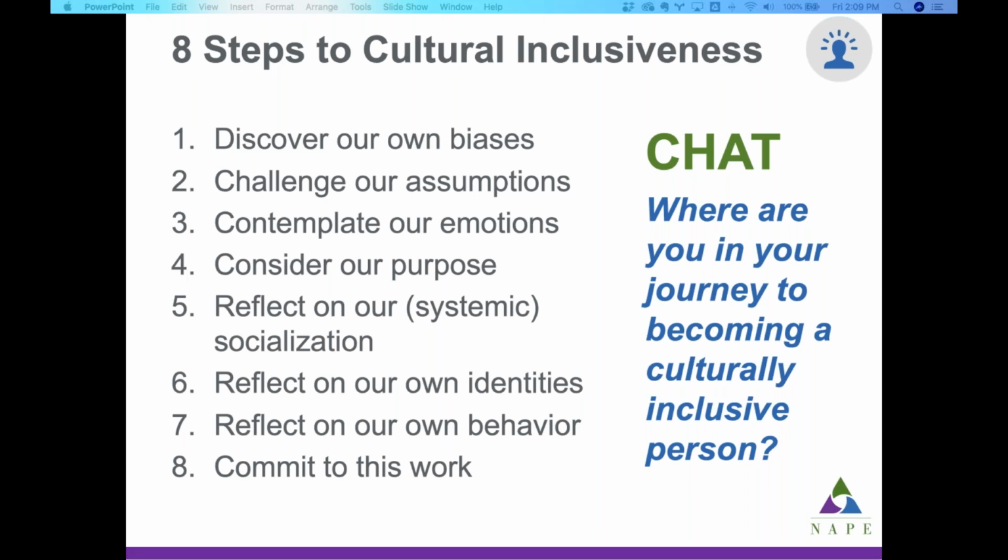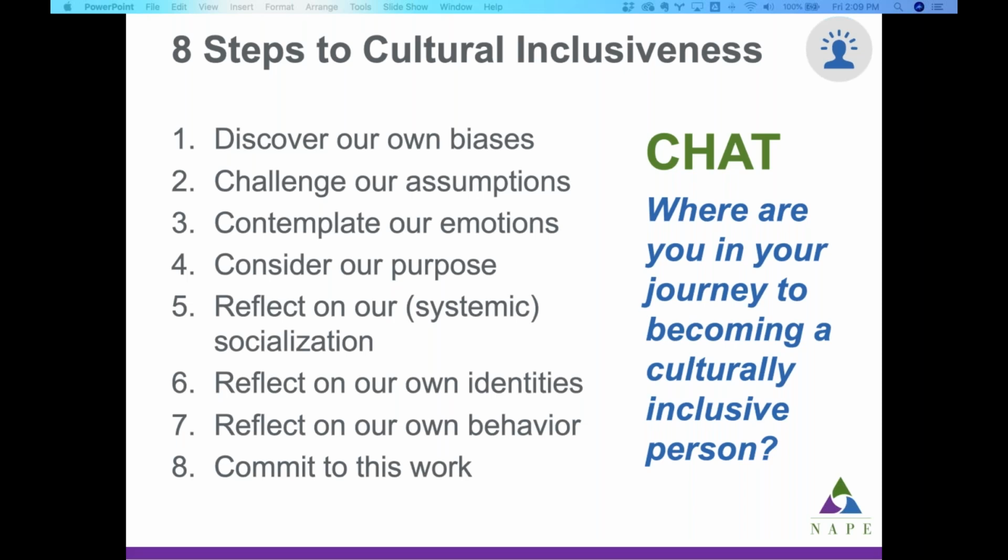So when I talked about the different collectivist versus individualistic values, that's a systemic socialization. That's a set of normative behaviors that are part of a system in which many of us were raised to know and to function. We have to reflect on our own identities, reflect on our own behavior, and then ultimately we must commit to this work.